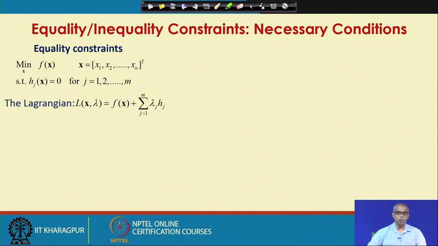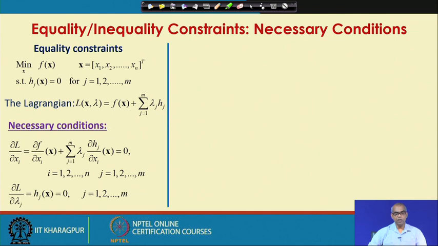The Lagrangian can be formulated by multiplying each equality constraint with its associated Lagrange multiplier and then adding them up and also adding this sum to the given function f(x).